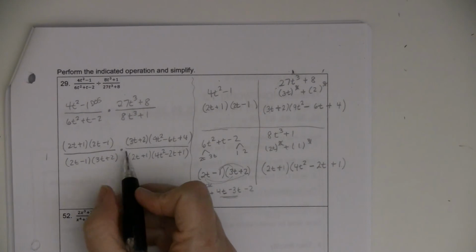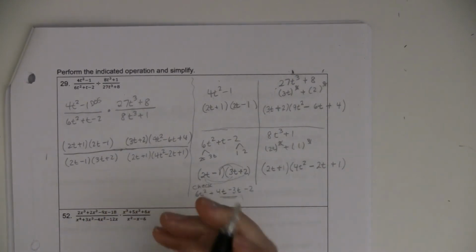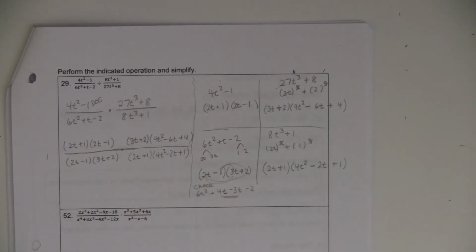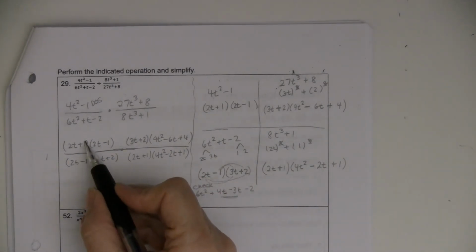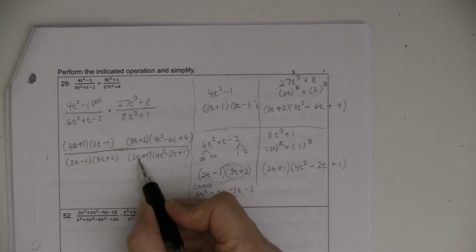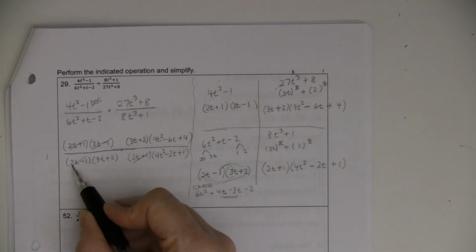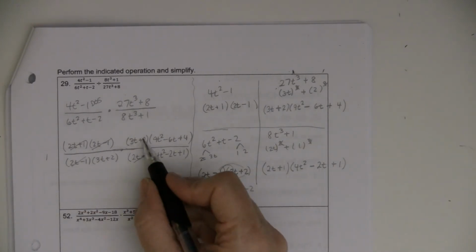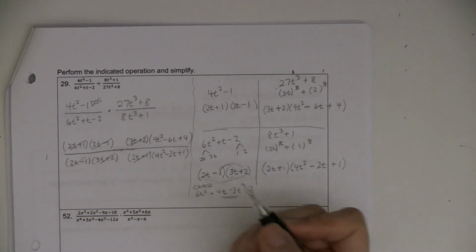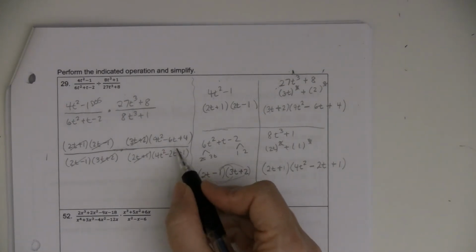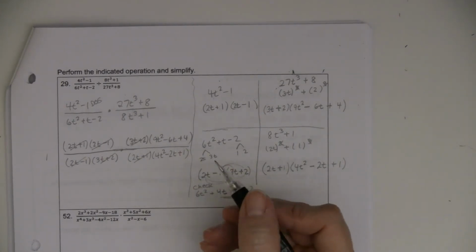And then because this is times, we can say this all together in one numerator, and anything in the top that's exactly the same as something in the bottom will reduce out. So a 2t plus 1 with a 2t plus 1. A 2t minus 1 with a 2t minus 1. A 3t plus 2 with a 3t plus 2. And that leaves those trinomials that are not the same.